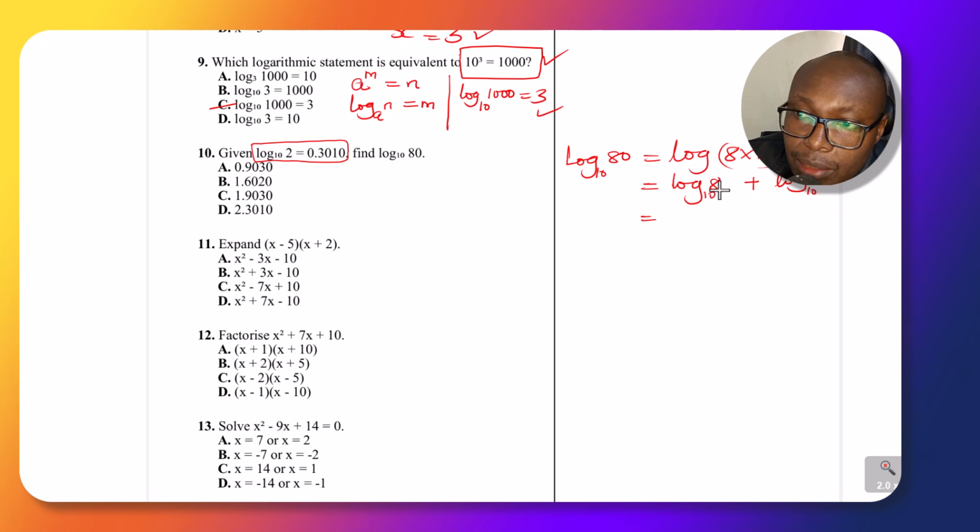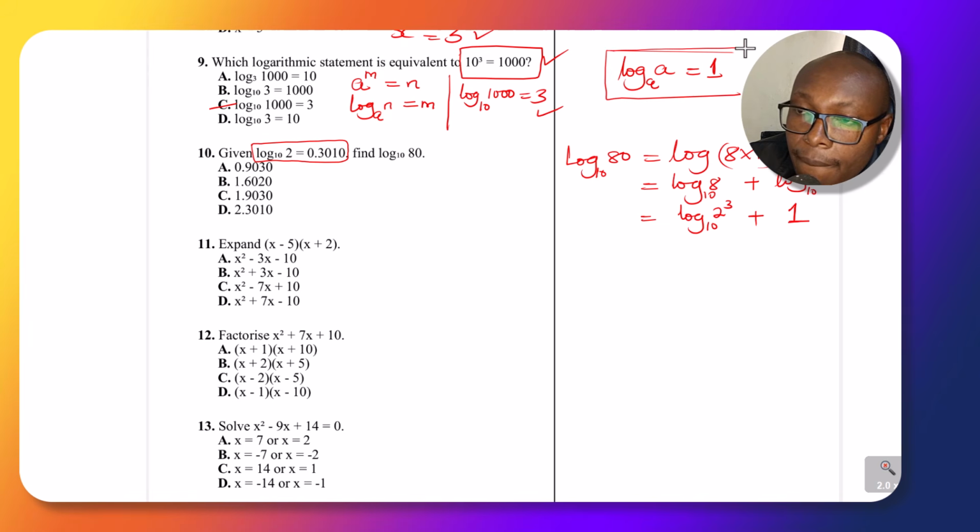Then logarithm of 8, you can write it as logarithm of 2 cubed. 8 can be written as 2 cubed in power form to the base of 2. Then logarithm of 10 to the base of 10 is 1. Note that logarithm of a to the base of a is 1.